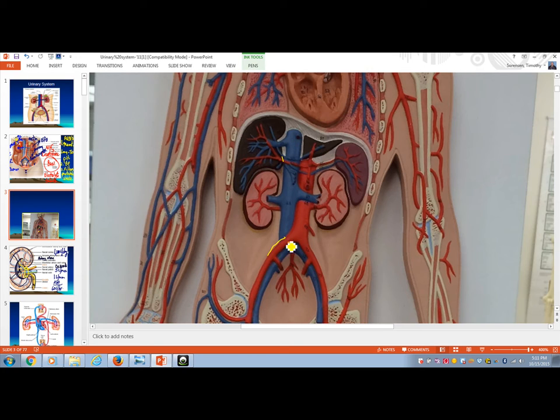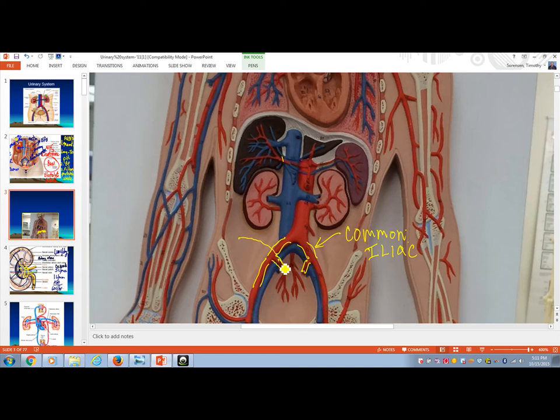This is called the common iliac artery, right and left. And then you have the internal iliac, and then the external iliac.